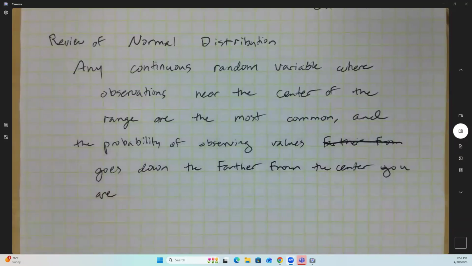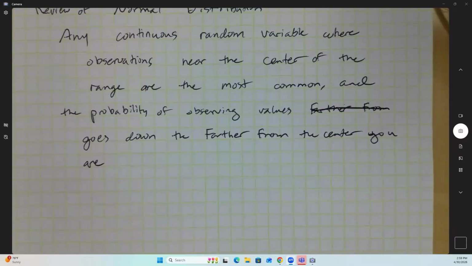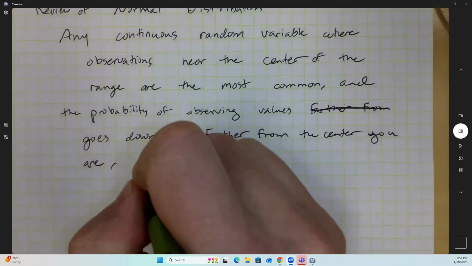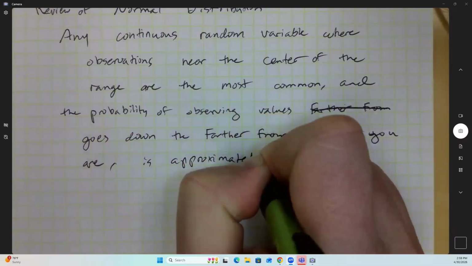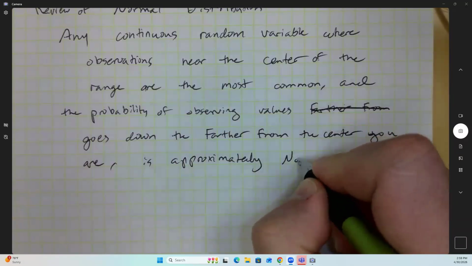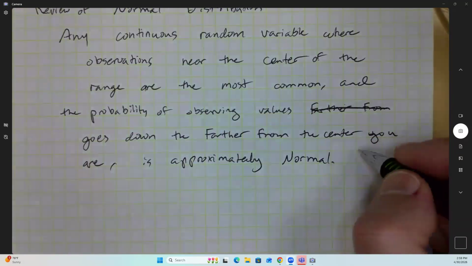And this version of farther is actual distance. All right, so we have a continuous random variable where the observations near the center are the most common, and observations farther away get progressively less common. It might not be exactly a normal distribution, but it's approximately normal, i.e. bell curve.